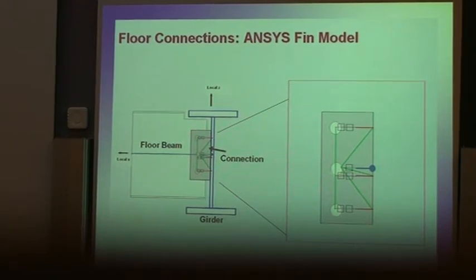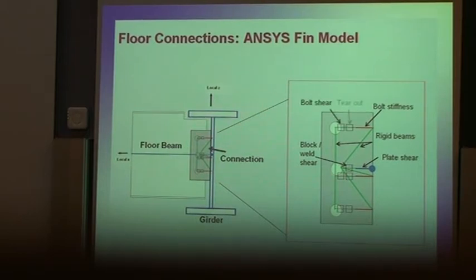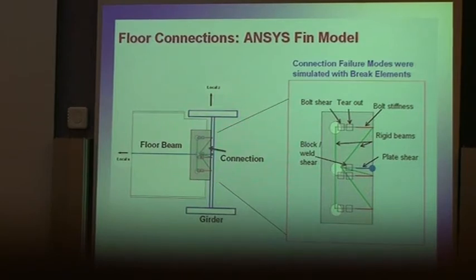And this is how we express this in the computer using what we call break elements to account for a variety of failure modes. The stiffness of the bolt and its failure load, the shearing of the plate, what we call block or weld shear, bolt shear, tear out, and all these were basically similar to a spring element, if you know the term, a spring element that can carry force, but its strength and stiffness would drop to zero once a certain criterion is met.